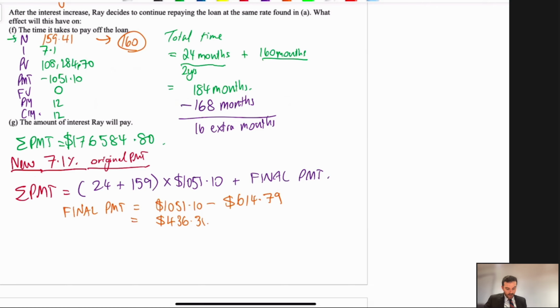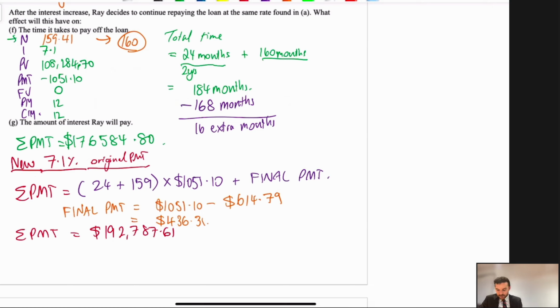Now what we're going to do is work out that total. Let's put this all in. So go 24 plus 159 times by 1051.1, and then we add on that payment, 436.31. So the amount now is $192,787.61.